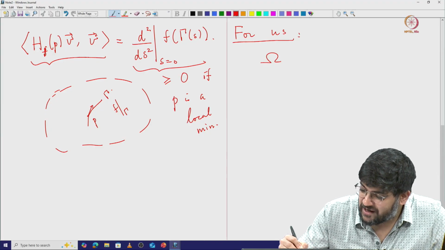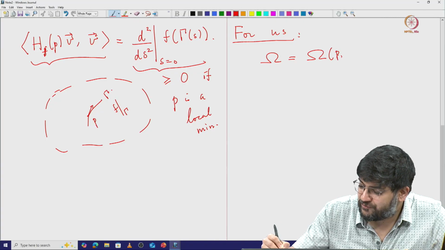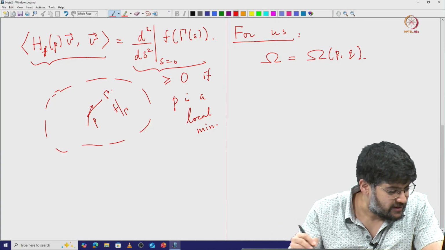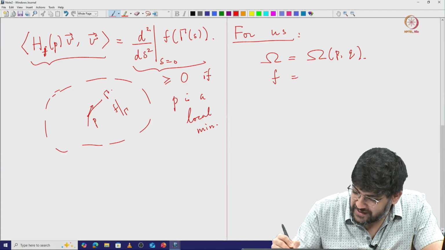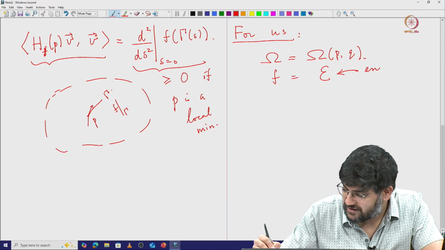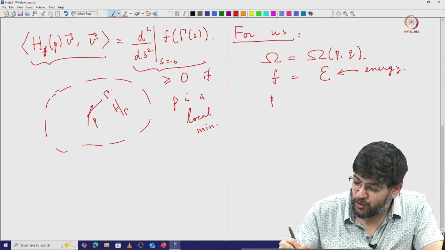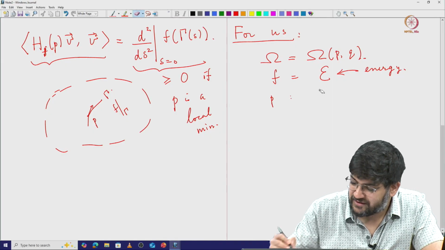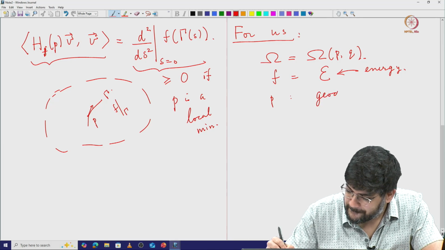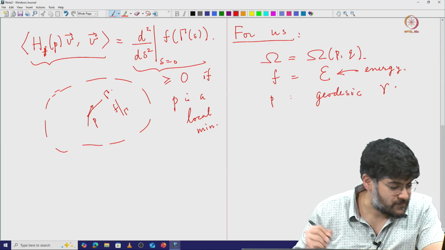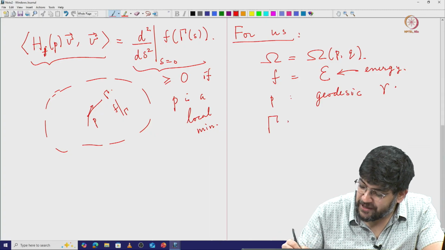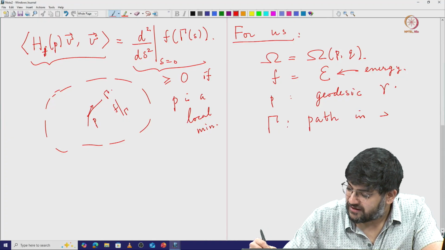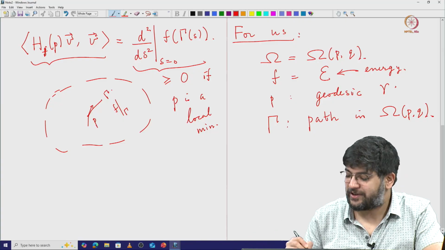We will replace omega by the set of admissible paths from two given points P and Q. This F is going to be the energy functional, this point P is going to be a geodesic, and this capital Gamma is going to be a path in the space of admissible paths.